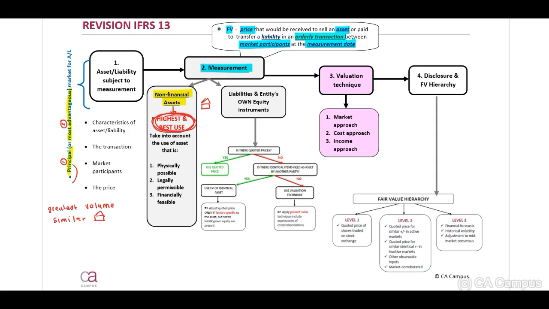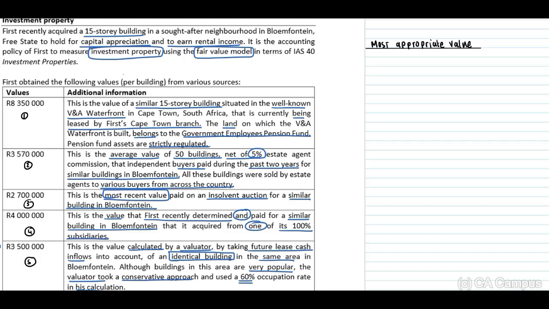Right. Okay. Now, guys, let's refer back to the given scenario. We now need to answer the question. Therefore, as always, on a new page, indicate that this will be your part 4B exam technique. But for ease of reference, imagine that on the right side of your screen will be your part 4B, and this is a new page. And I've included that we need to focus on the most appropriate value.